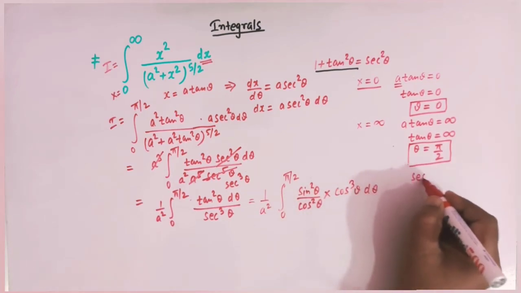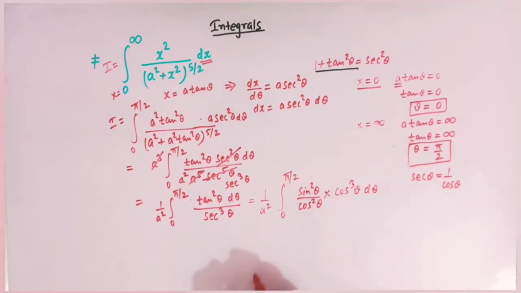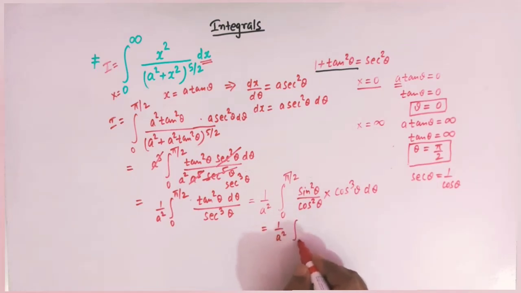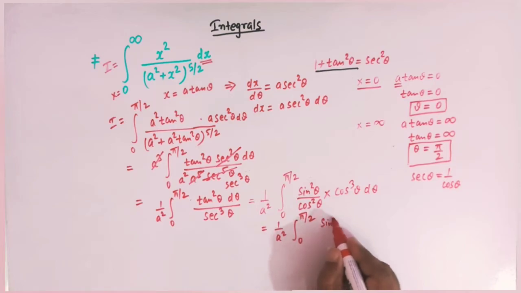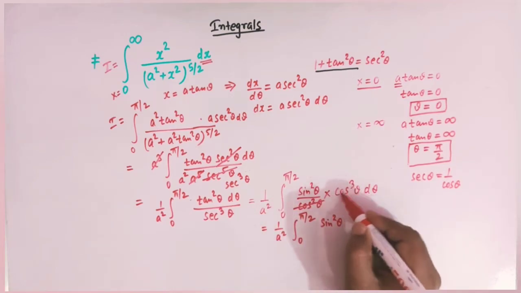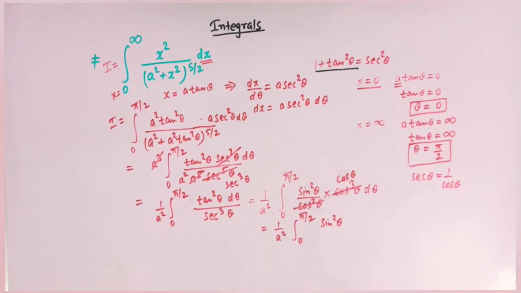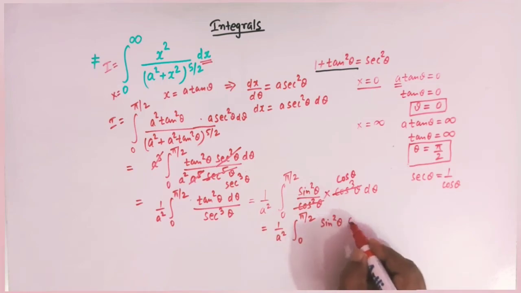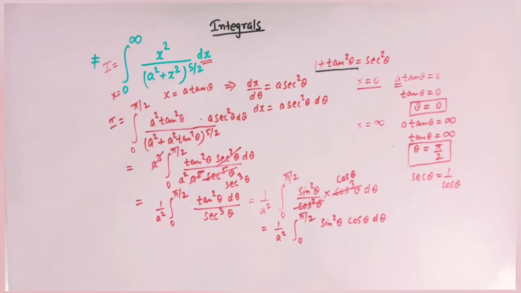Because secant theta is equal to 1 over cos theta, right? So now we can further simplify this integral. So we have here sine square theta, and here cos square theta, and cos cube theta get cancelled. Here we are left with only cos theta, right? So here we have now cosine theta, right?